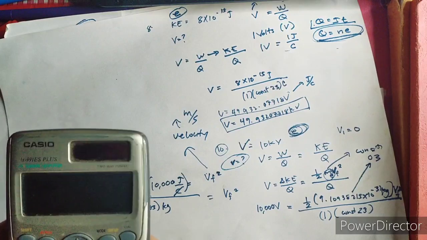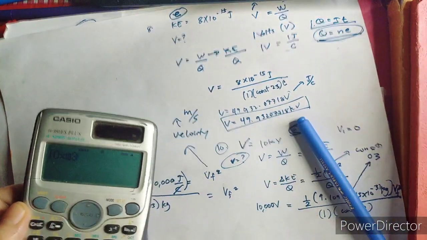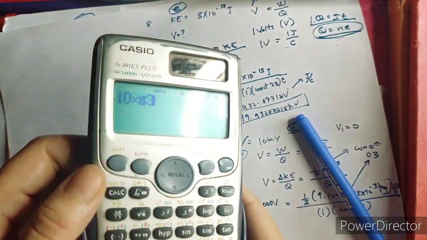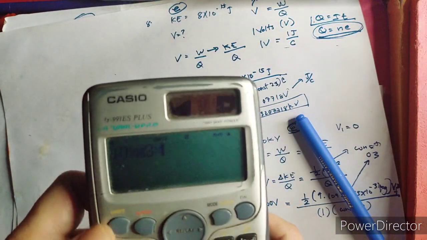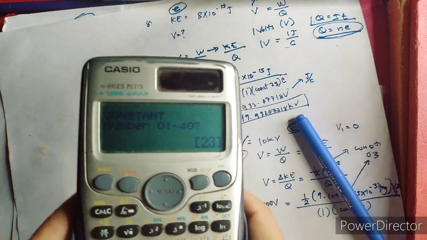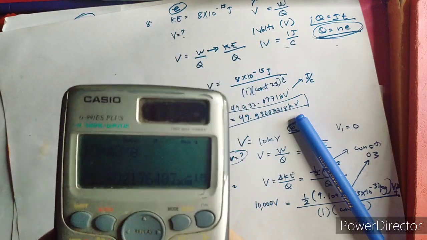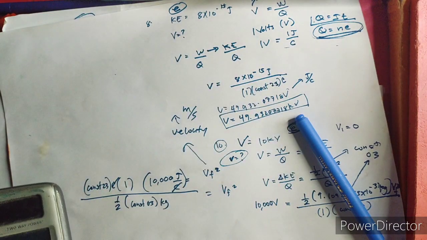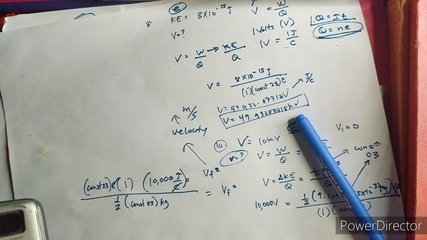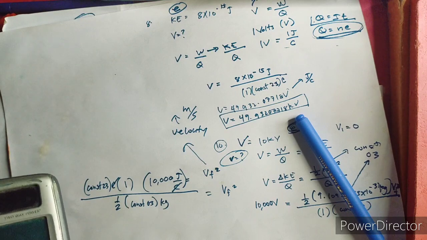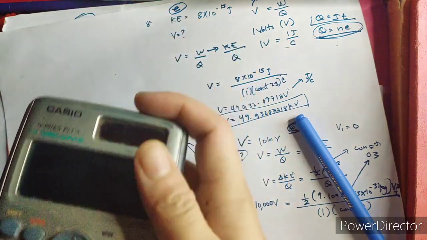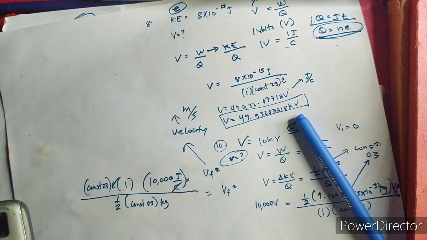I-calculate ko na para may value na tayo. 10,000 times constant 23 divide 0.5 times constant 0.3, mass ng electron.